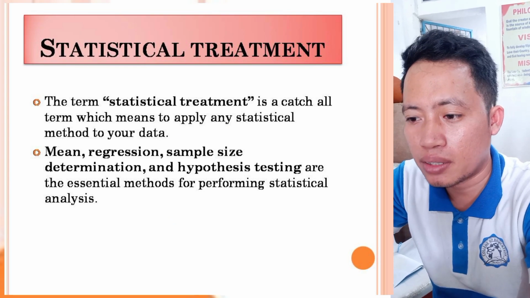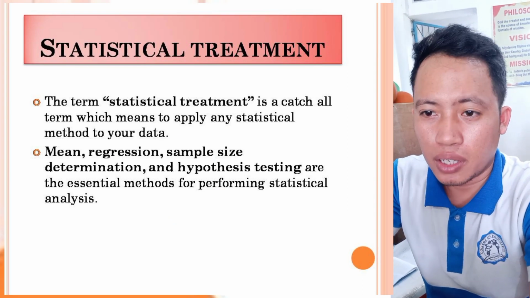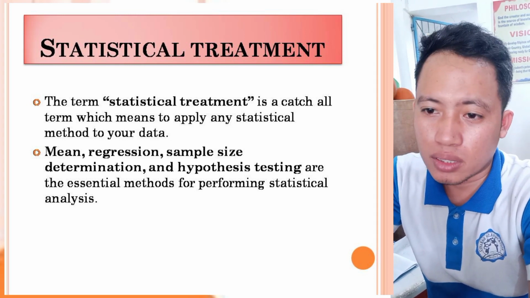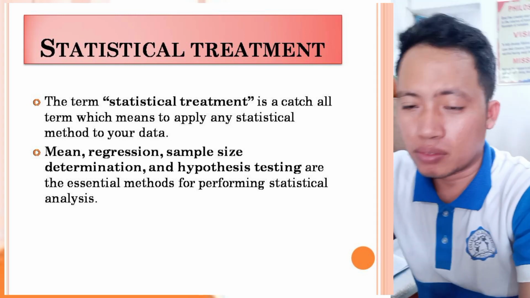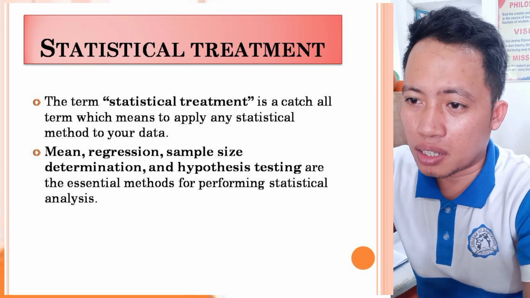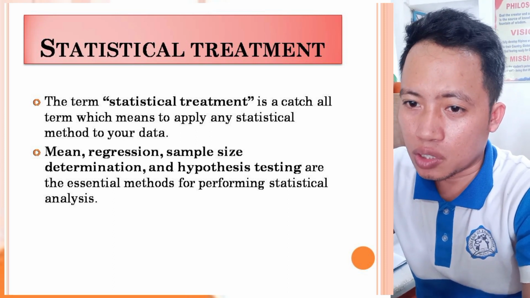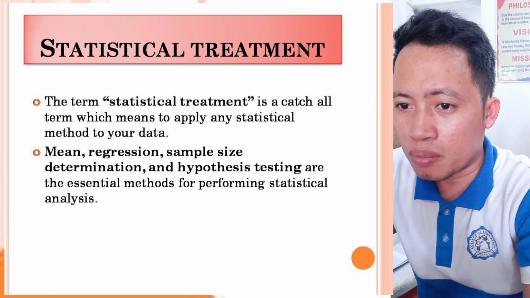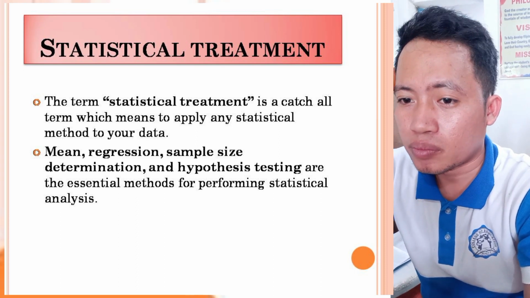Before we tackle the essence of correlation and t-test analysis, let's define first what is statistical treatment. The term statistical treatment is a catch-all term, which means to apply any statistical method to your data. Okay?